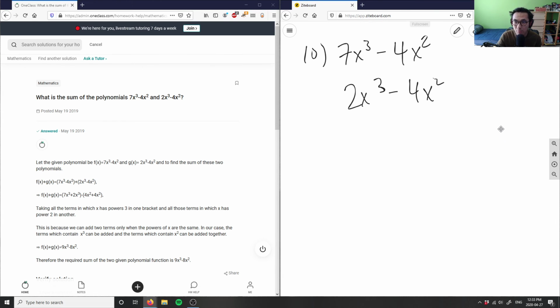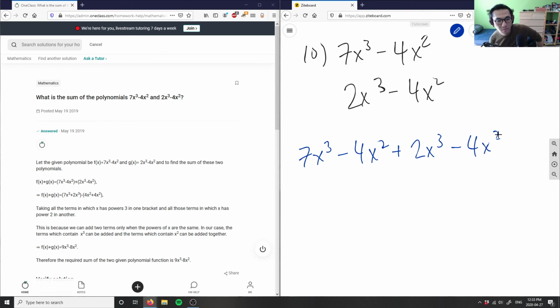So when we talk about sum, we're adding these two polynomials, right? So we're saying we have 7x cubed minus 4x squared plus 2x cubed minus 4x squared. If we're adding polynomials, again, all we're doing is we're taking like terms. We're adding these polynomials together.